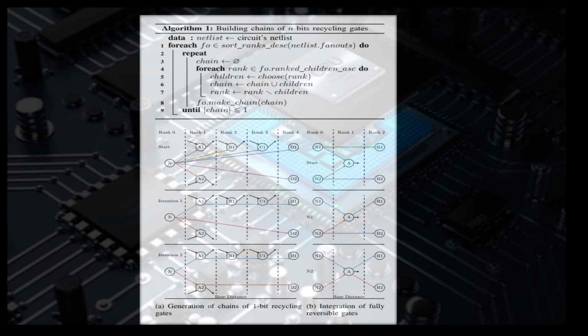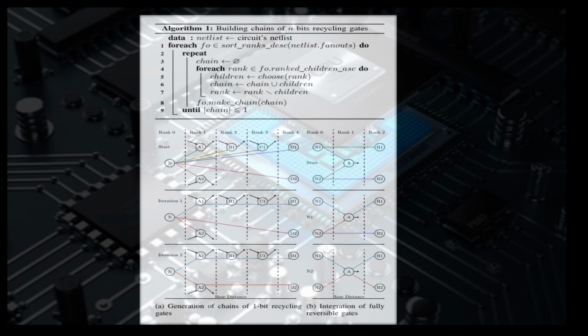It is a similar step-by-step process but focuses on integrating fully reversible gates into the circuits. The start point shows node N and as it progresses the connections are adjusted, indicated by red lines, to enhance the reversibility, thus improving the circuit's overall efficiency and reducing energy losses.